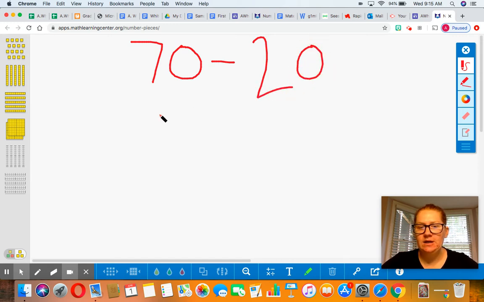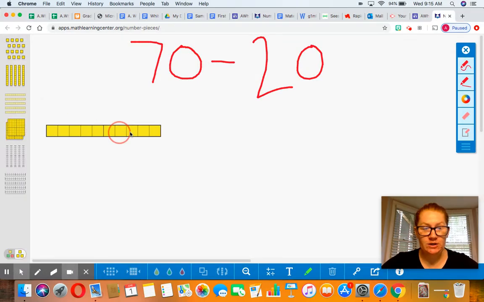20. Now we know that with decade numbers, these are a number of tens. So this would be 7 tens minus 2 tens. So I can use the tools over here to model that.